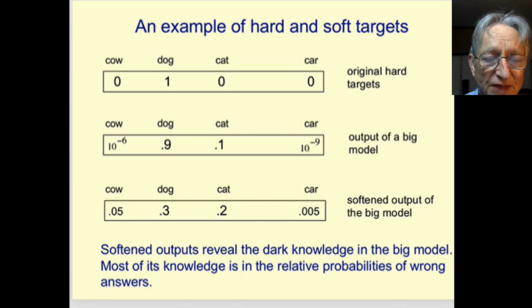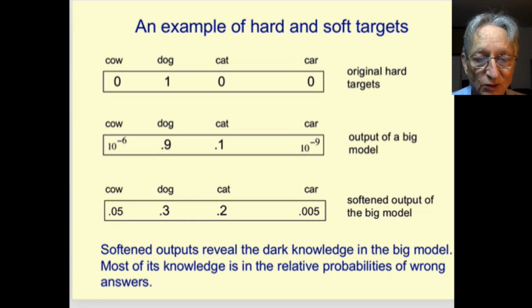So these softened outputs reveal what I call dark knowledge, because it would all be zeros, or virtually zeros, in the big model. And that's what you're going to train the small model on. So now you're training the small model on information that's far more informative. And of course, when you train the small model, you also use a high temperature in its softmax.